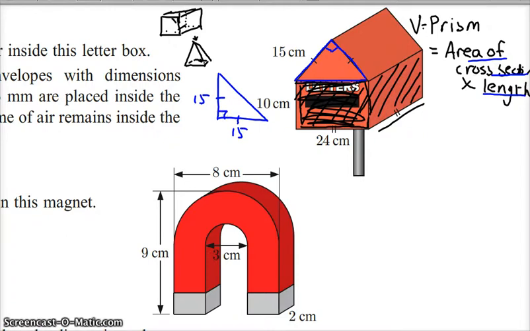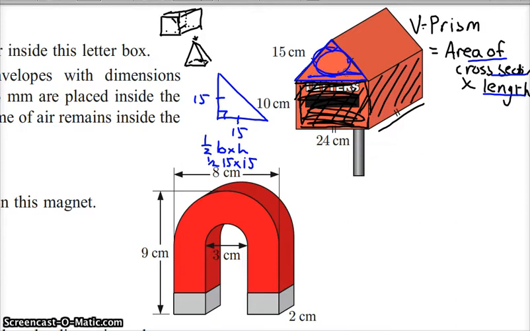What formula do we do for area of cross section? Half the base times the height. What's the base? So you half 15 times it by 15. Okay, that would get you this here.